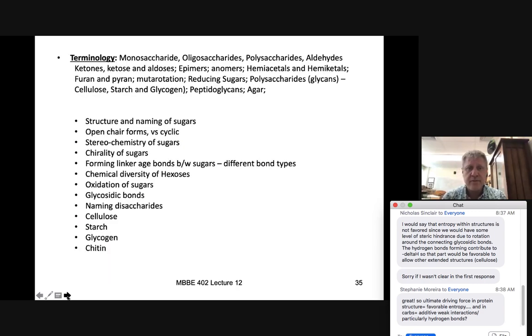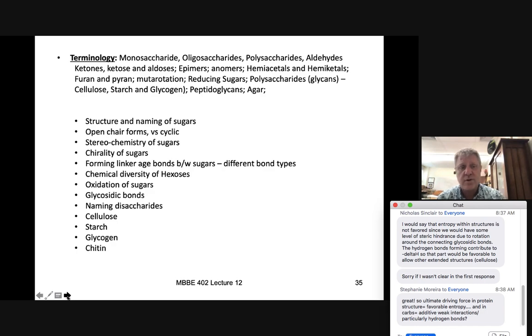So I'll give you some terminology: the monosaccharides, the oligosaccharides, the polysaccharides. We looked at ketones and aldehydes. We looked at ketoses and aldoses, epimers, enantiomers, the hemiacetals, the hemiketals, the furans and the pyrans, mutarotation, reducing sugars, polysaccharides, starches, cellulose and glycogen, the peptidoglycans, and agar.